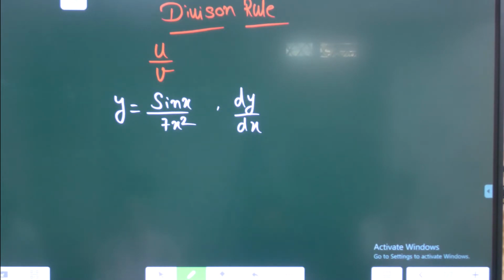Don't you know the division rule? Do you know maxima and minima?